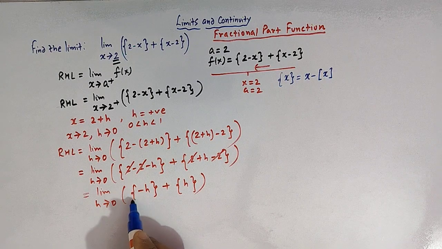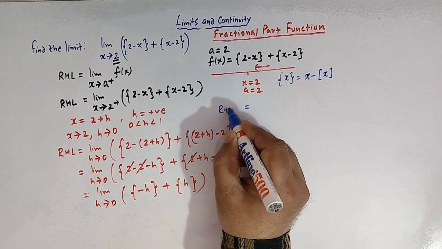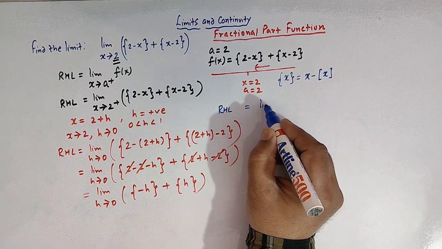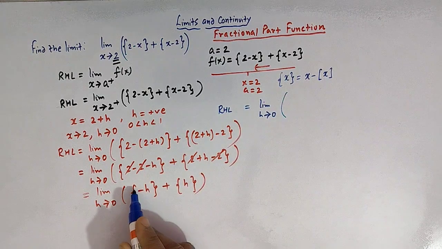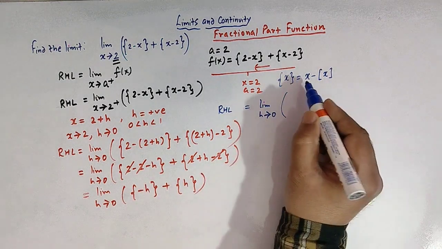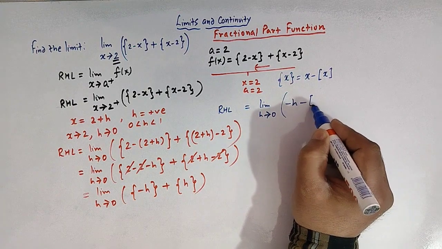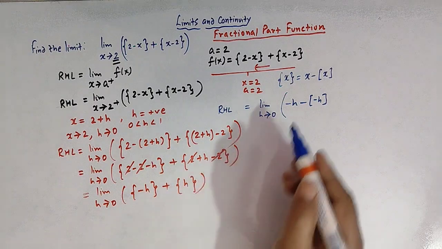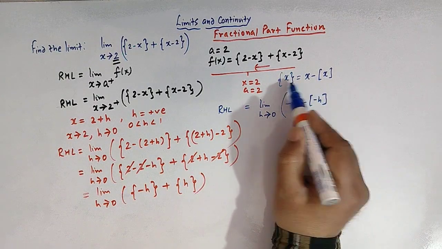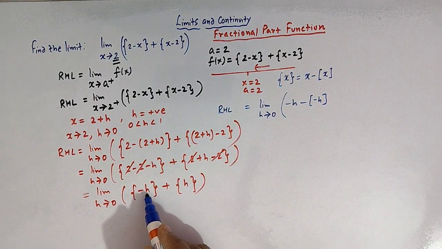So here we have fractional part of minus h. So now the right hand limit can be written as the limit h tends to 0, and for fractional part of minus h we can write minus h, and then we have minus of greatest integer of minus h, right? So here in this definition we have substituted x is equal to minus h.